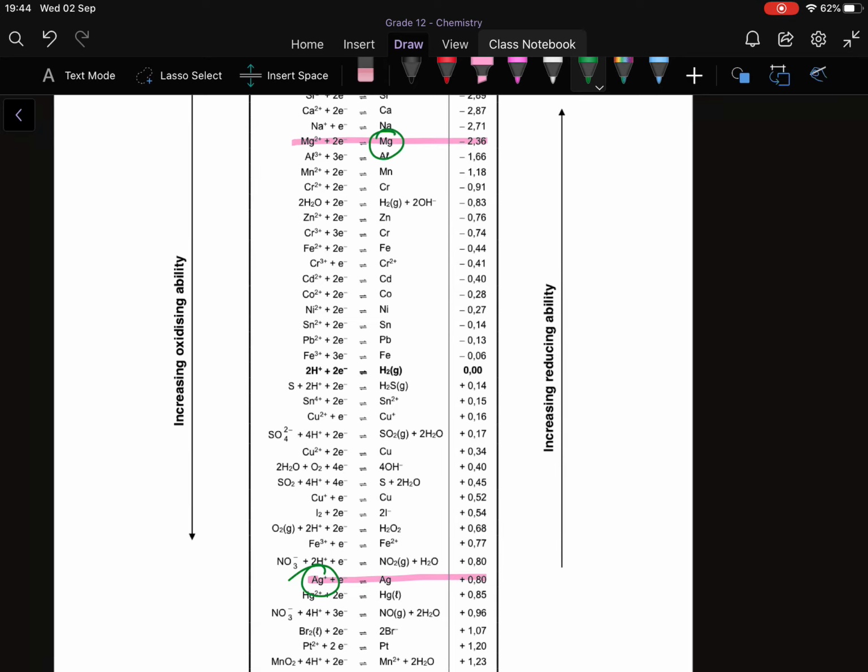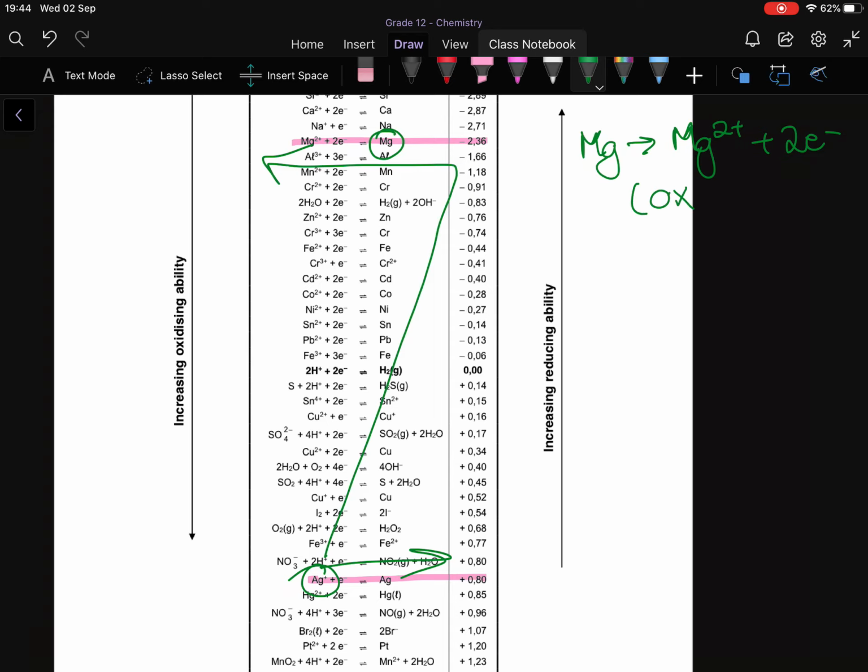There's the silver. So this can be written like a Z. What does that mean for me? It means that the magnesium will go to magnesium 2 plus plus 2 electrons. So in other words, it's oxidized, so it's the anode. The silver will be Ag plus plus 1 electron, which goes to Ag. It's reduced, which makes it the cathode.